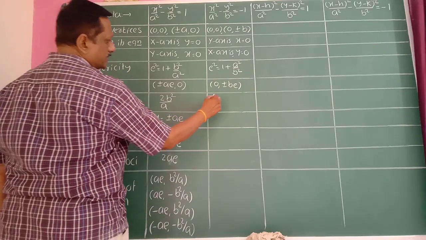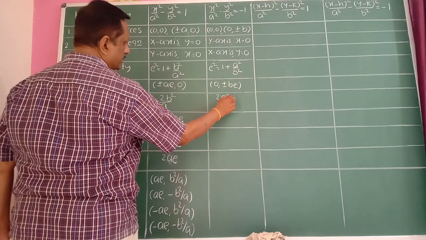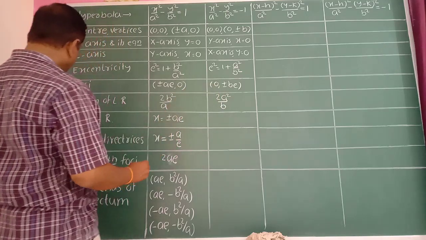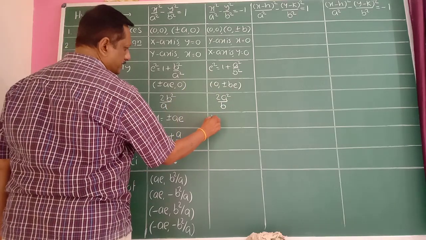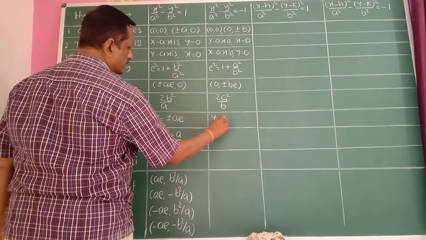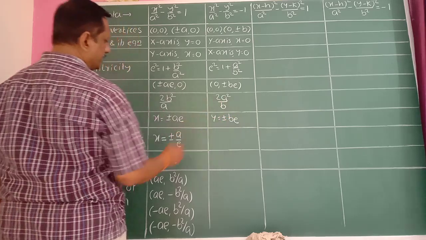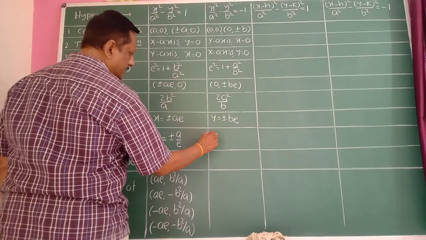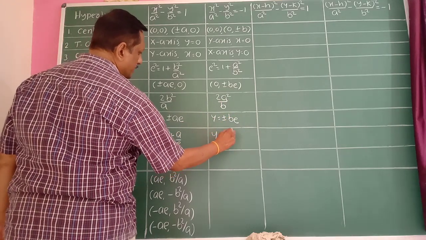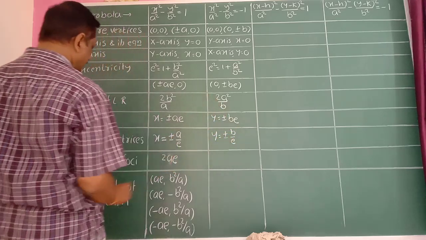Length of the latus rectum is 2a squared divided by b, and the equation of the latus rectum is y is equal to plus or minus be. Equations of directrices: y is equal to plus or minus b divided by e.